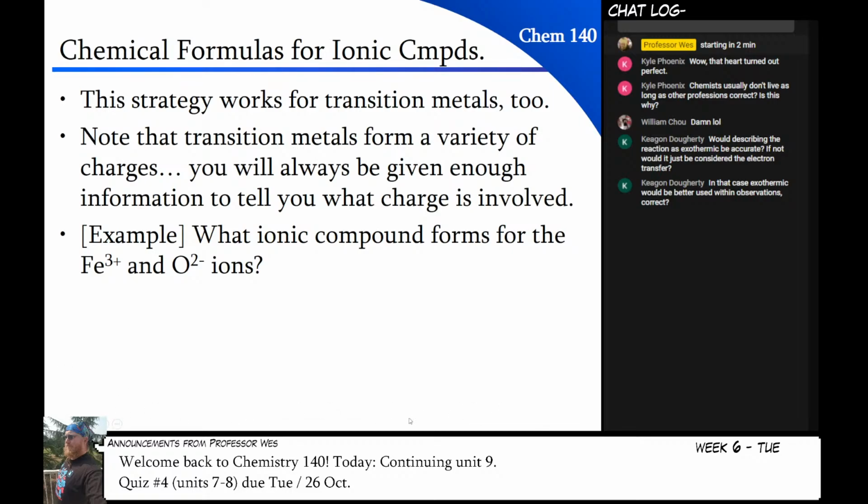All right, I'll give you a few minutes to think about that. Type the formula into the chat when you are done.